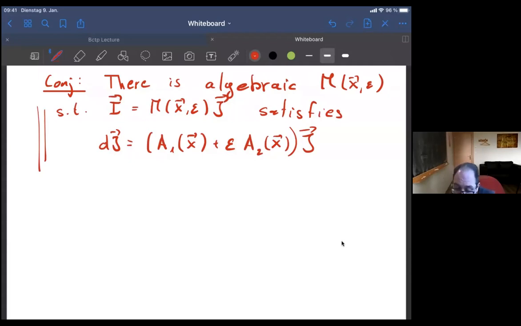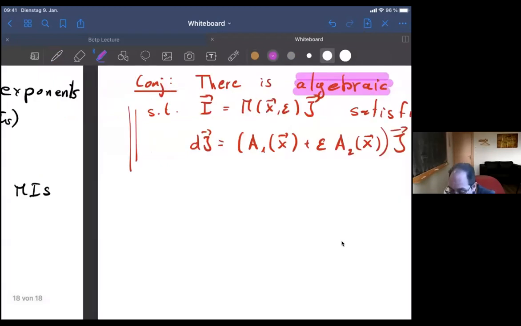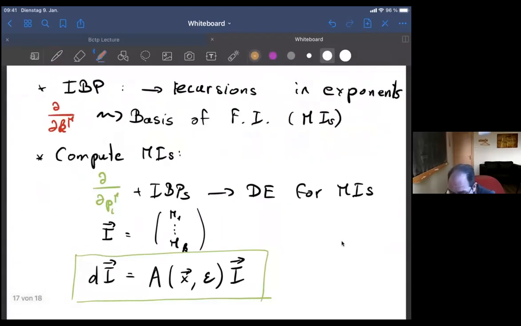And in the discussion session yesterday afternoon, we looked a bit more into detail at this. The important thing here is that this matrix is algebraic. So the matrix A here is rational. This matrix is always rational.